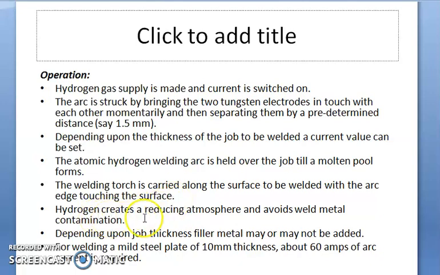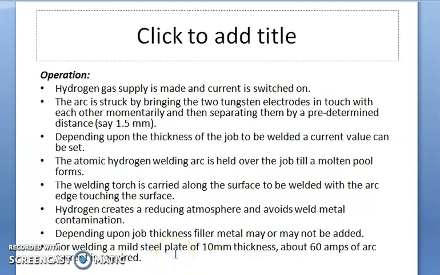So the hydrogen gas creates a reducing atmosphere and avoids weld metal contamination. Depending upon the job thickness, filler metal may or may not be added during the operation. For welding a mild steel plate of 10 mm thickness, about 60 amperes of arc current is required.